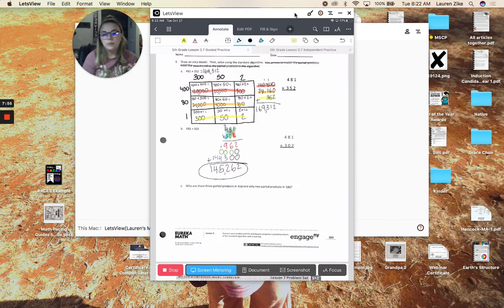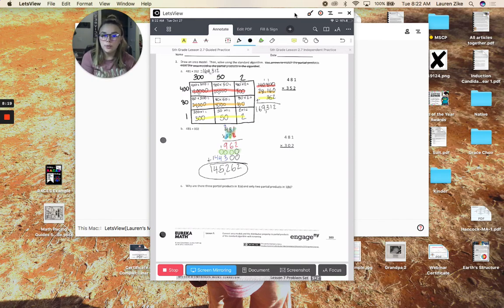So we're not going to write anything for Part C, but I do want to talk a little bit about Part C. So in Part C, it says, why are there 3 partial products in 1A and only 2 partial products in 1B? So what that means is this part right here, these zeros, there's no partial product there, right?